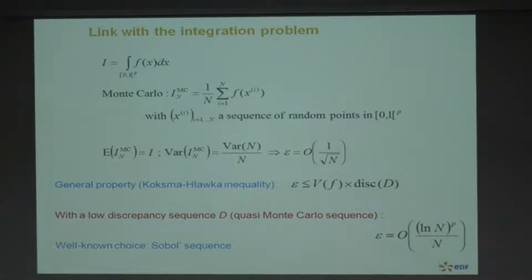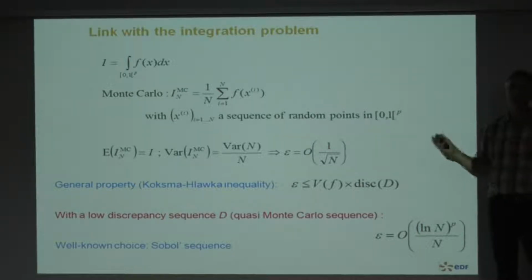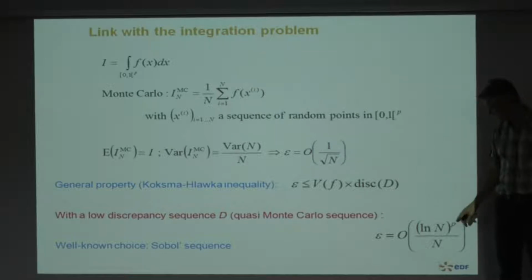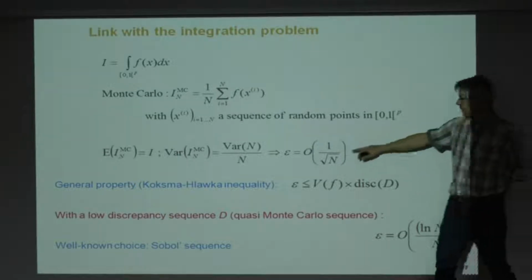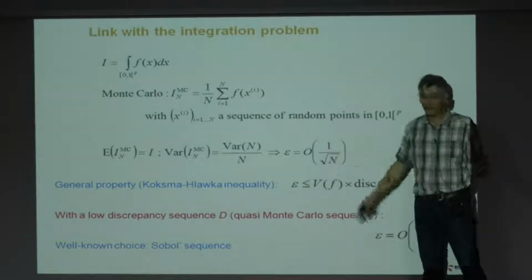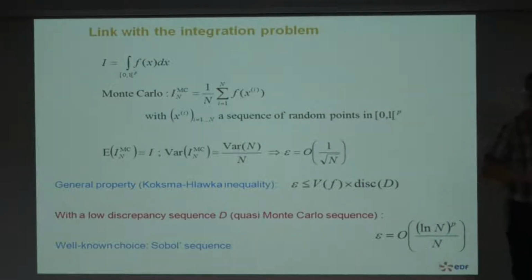But the problem is that, I don't know how to say that in English, on n'a rien sans rien, we have nothing without nothing. Because here you see that I have a p. So now my rate of convergence depends on the dimension. Here, the advantage of Monte Carlo is that I have no dependence on the dimension, and now I have a dependence on the dimension.